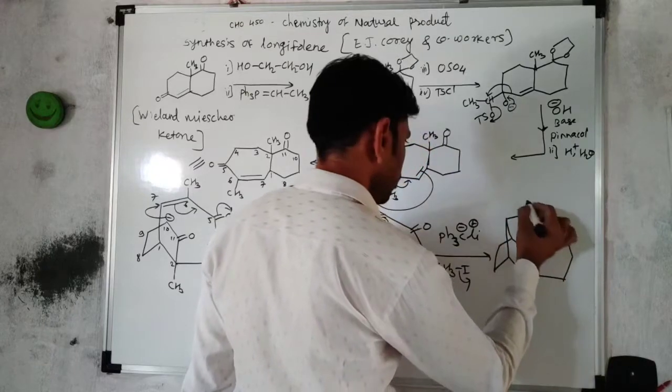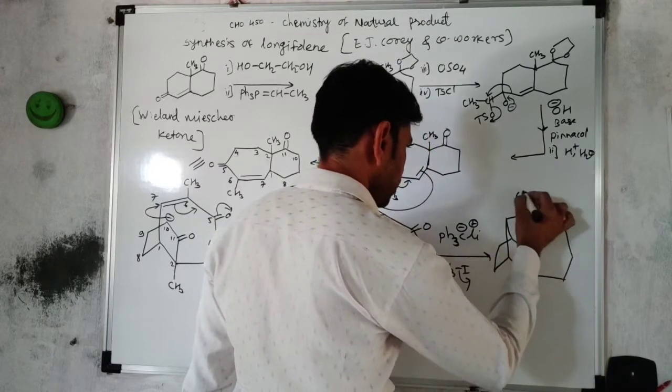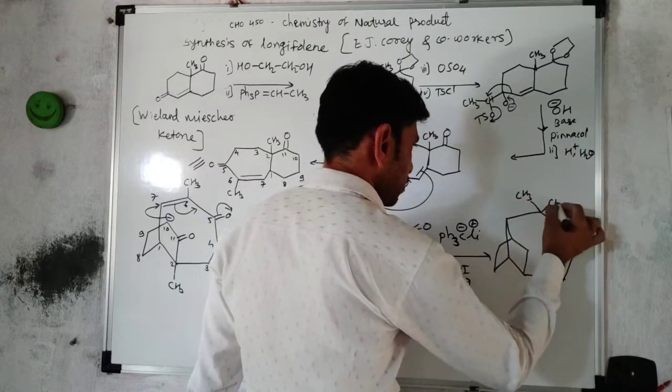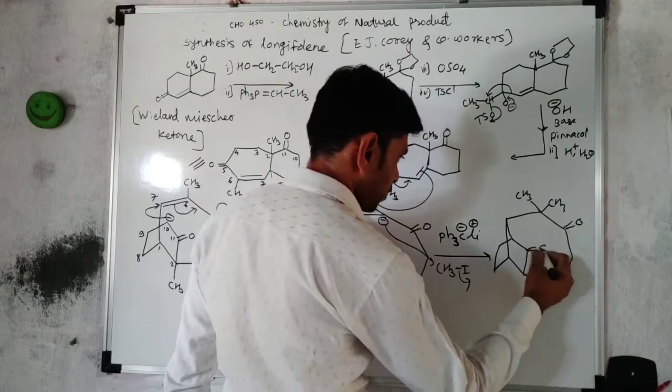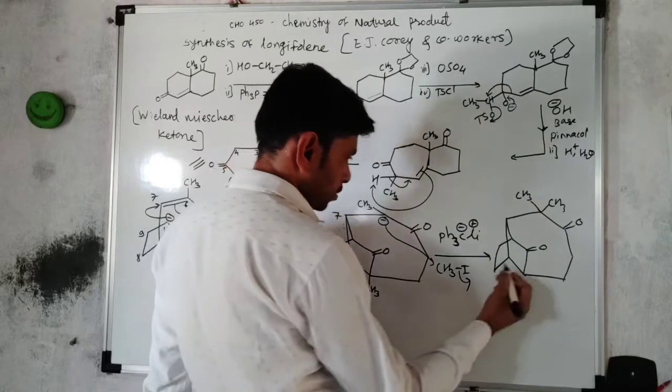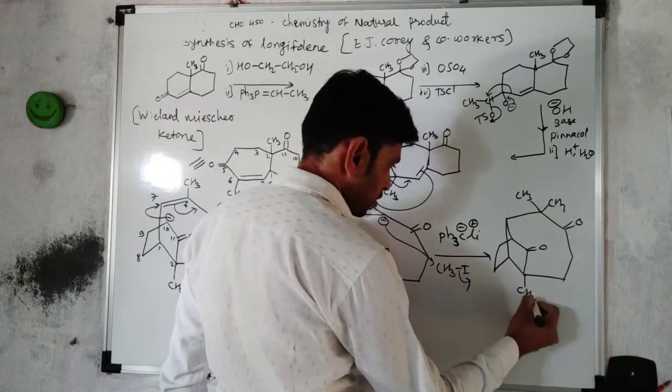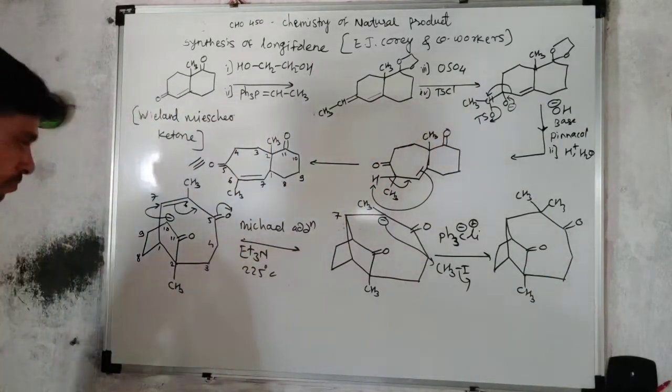So another CH3 gets attached here, and double bonded O. Then here carbon, oxygen double bond, then CH3. So this type of compound we obtain.